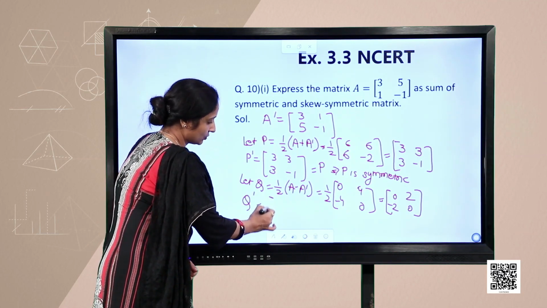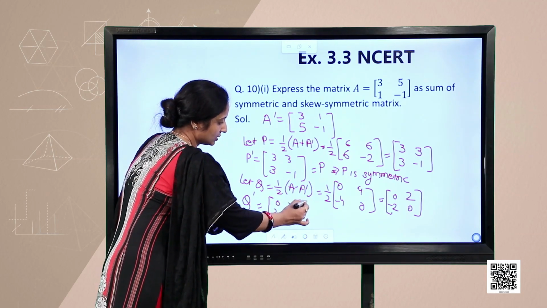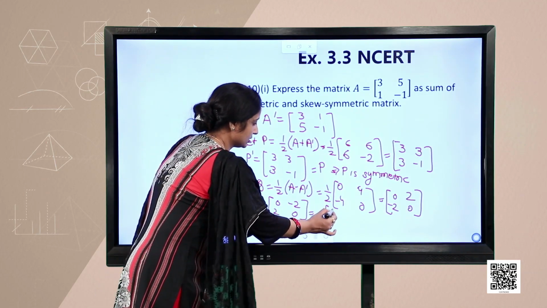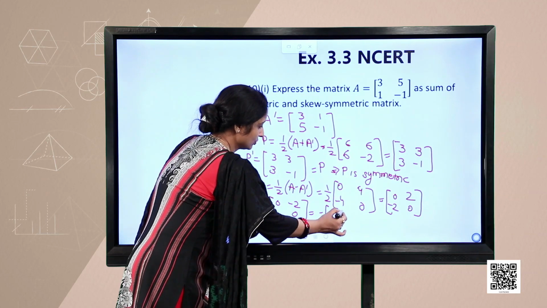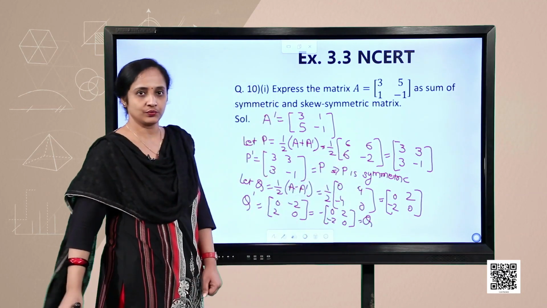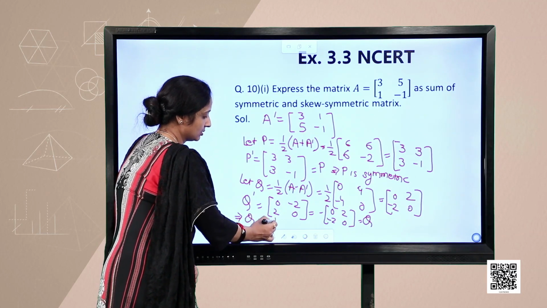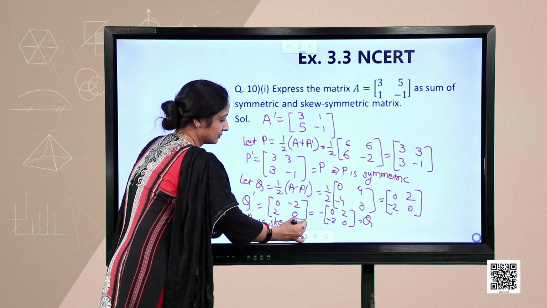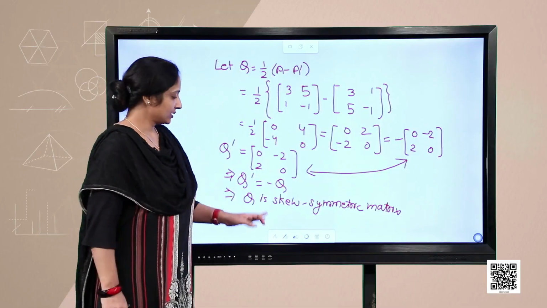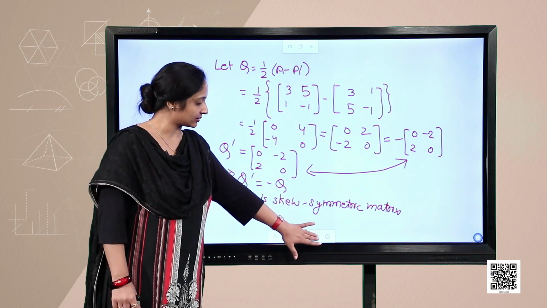It is giving you 0, minus 2, 2, 0. Take negative common. It is giving you negative of 0, 2, minus 2, 0, which is equal to negative of matrix Q. So Q transpose is equal to minus Q, that means Q is a skew symmetric matrix.